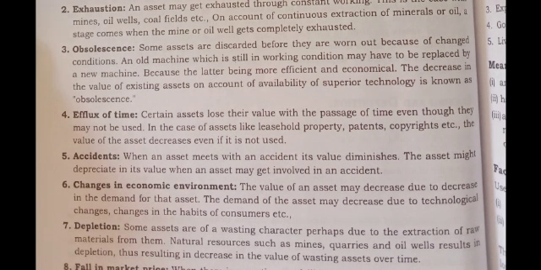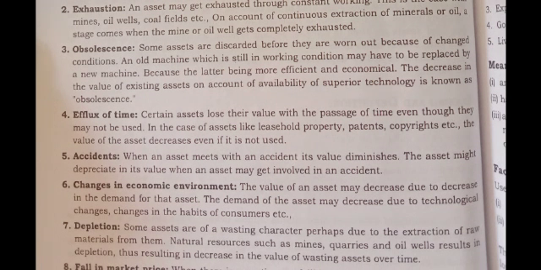The value will decrease. Especially in an organization, we commonly use machinery, equipment, furniture, etc. Those are the fixed assets. If some accident, such as a fire accident, takes place towards those fixed assets, that is also one of the reasons the value of the asset will decrease.